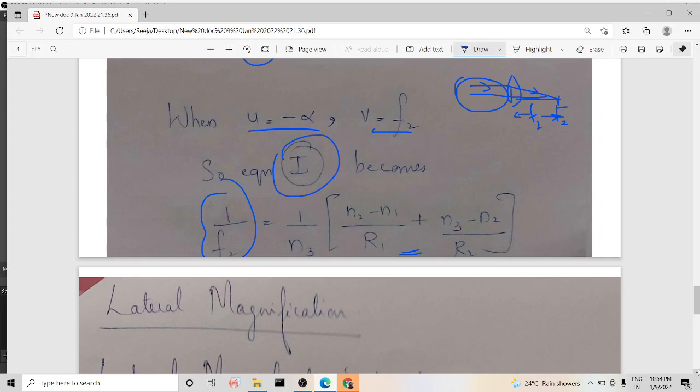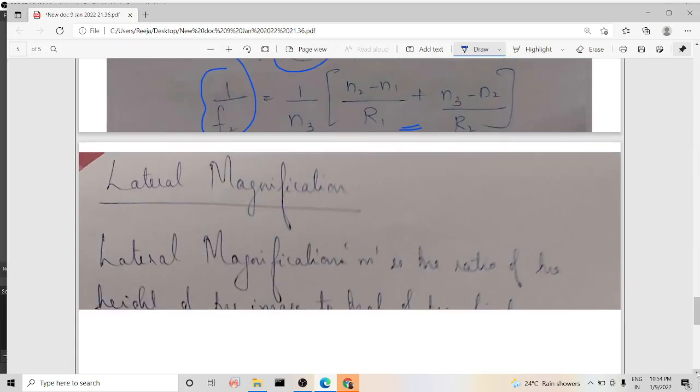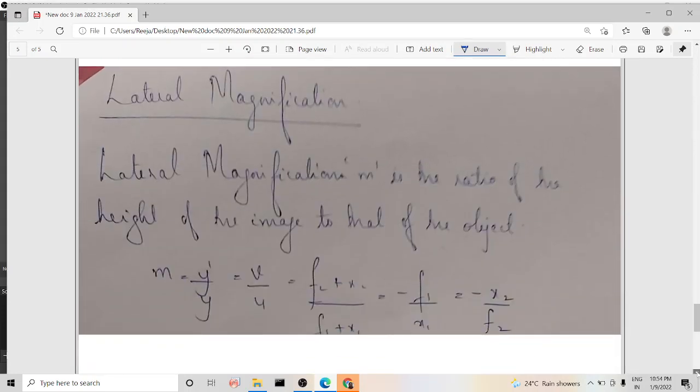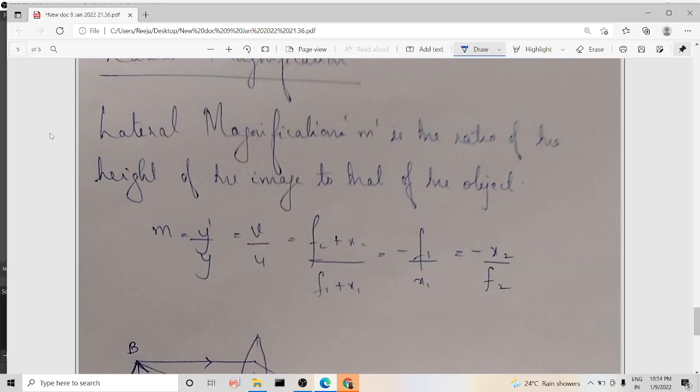We just place a lens with a medium n1 and n3 on either sides of it, and you just apply the equation directly. We come to the last section of this chapter, that is lateral magnification. Lateral magnification m dash is the ratio of the height of the image to that of the object.